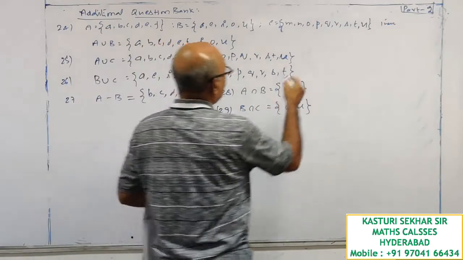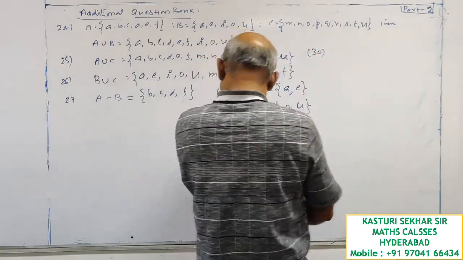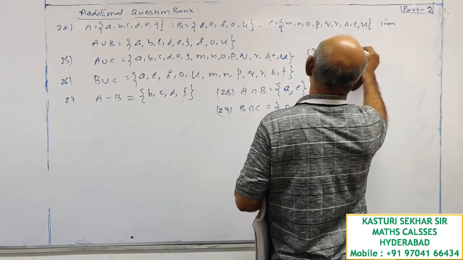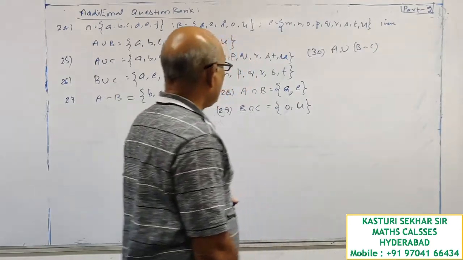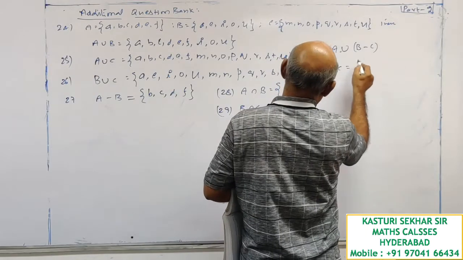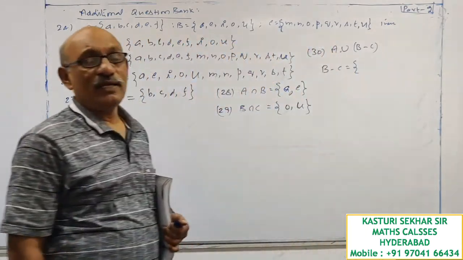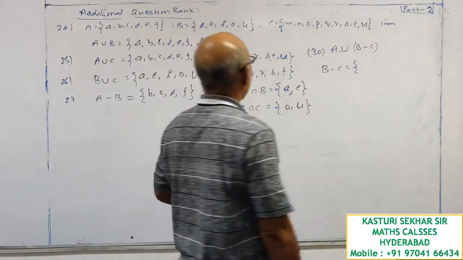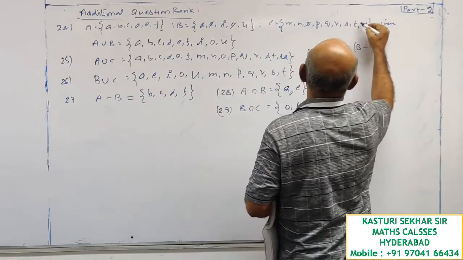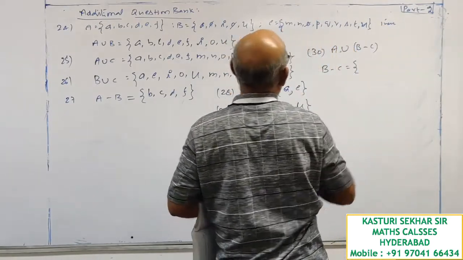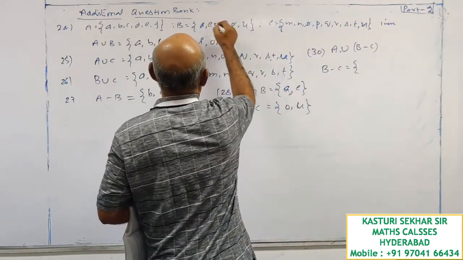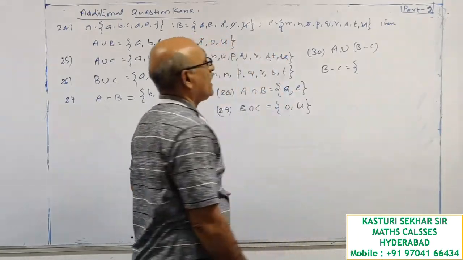Next, question number 30. A union B minus C. So first we need B minus C. B minus C means elements which are in B and not in C. Which elements are common? o and u are common. o and u are eliminated.